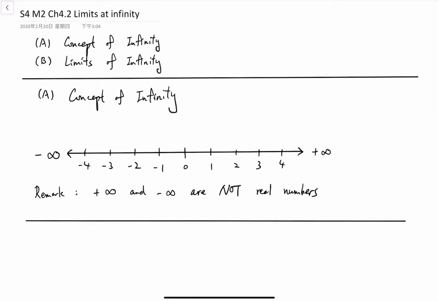Now let's go to part B. Part B is about the limits of infinity. Actually, this is the focus of this session. I will use two examples to show you this.